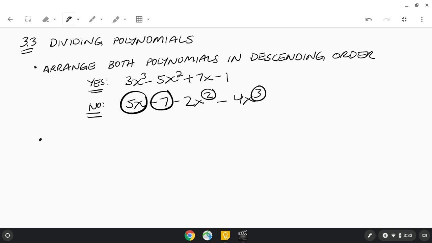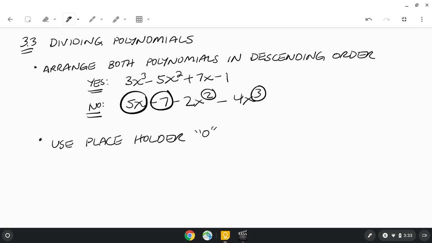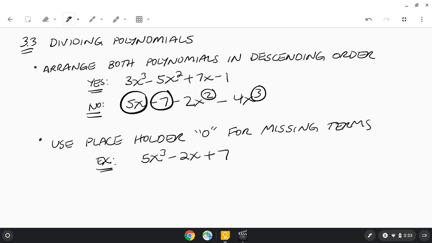The other thing you want to do is also use a placeholder zero for any missing terms. So for example, if you have something like 5x cubed minus 2x plus 7, it is in descending order.